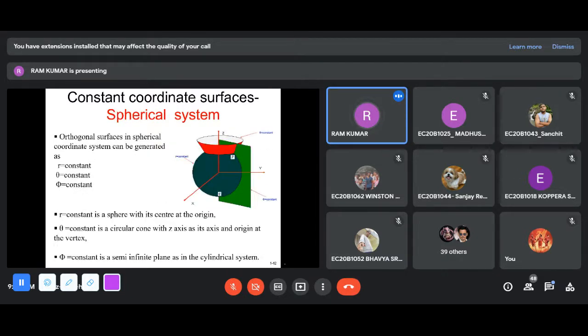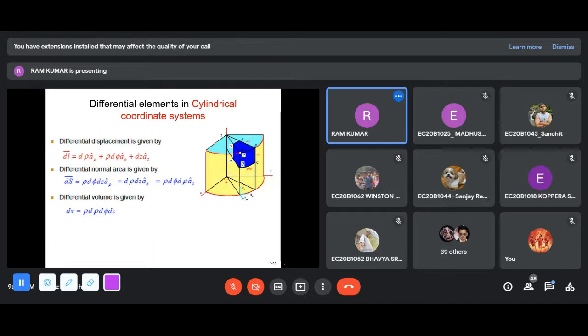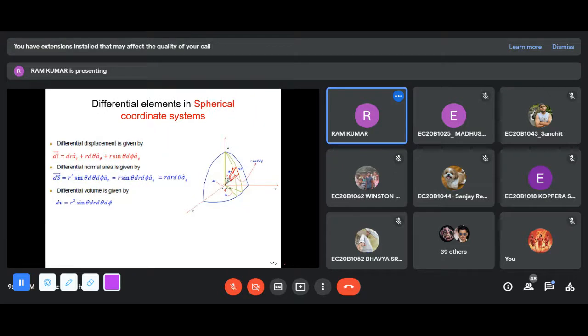These are all clear when you go through the applications, and you can understand that. As I just explained, you see this differential element.